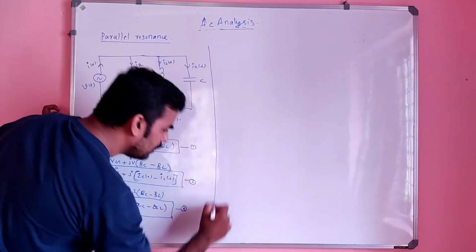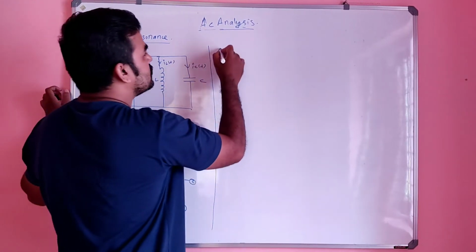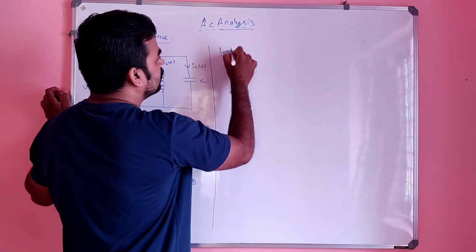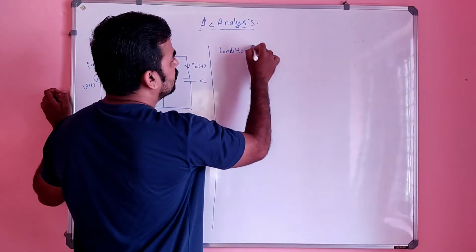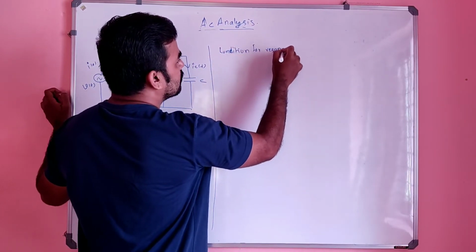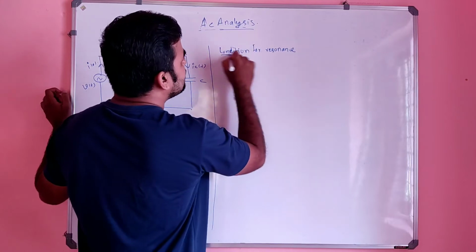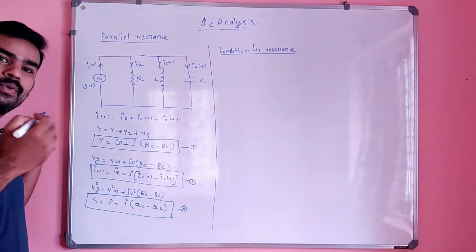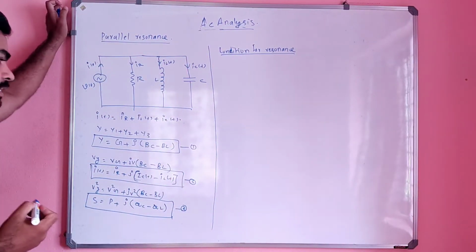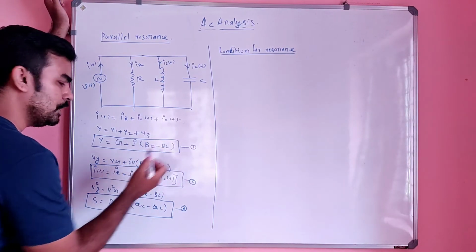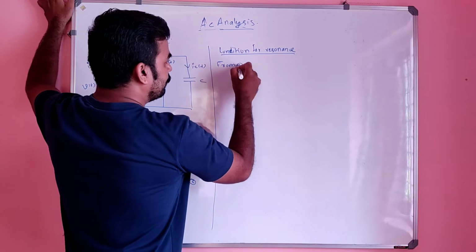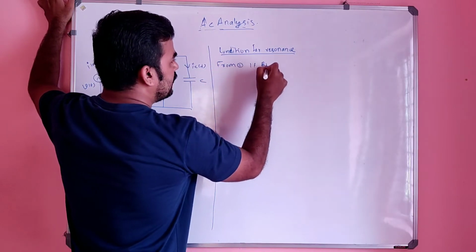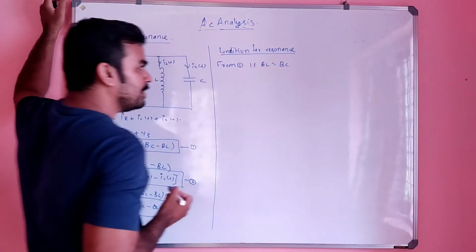And now we are going to the condition for resonance. What is the condition for resonance, or how or when does it happen? See, in equation number 1, if BL equals BC, what happens?